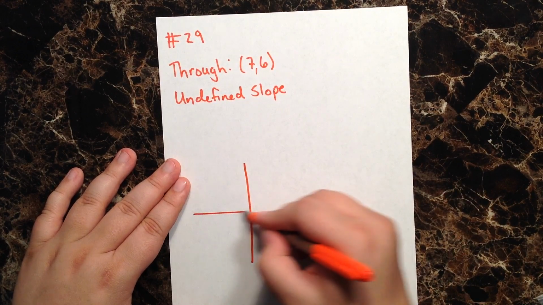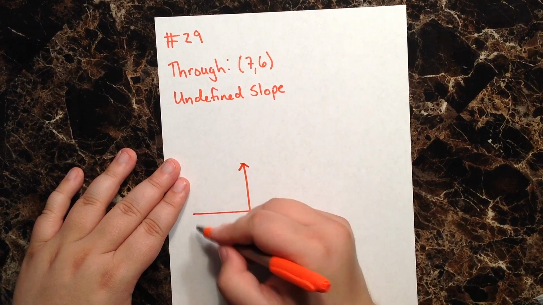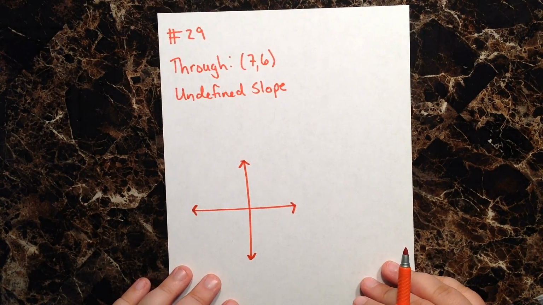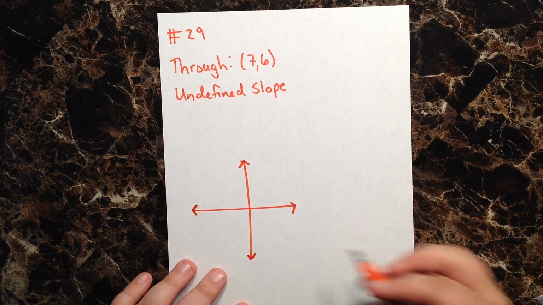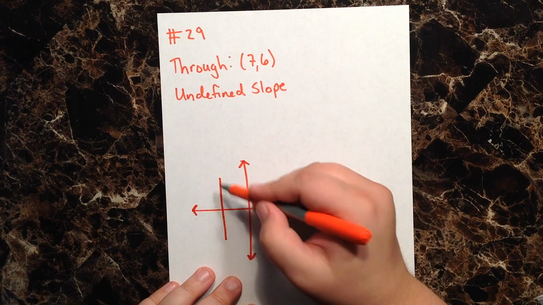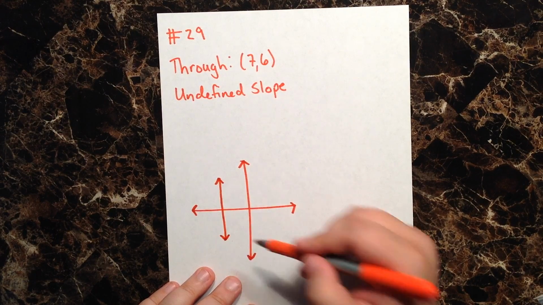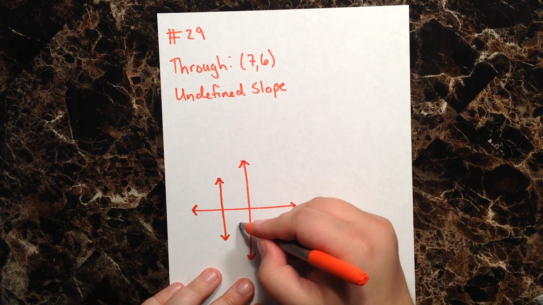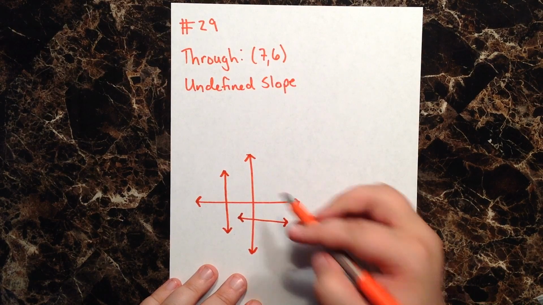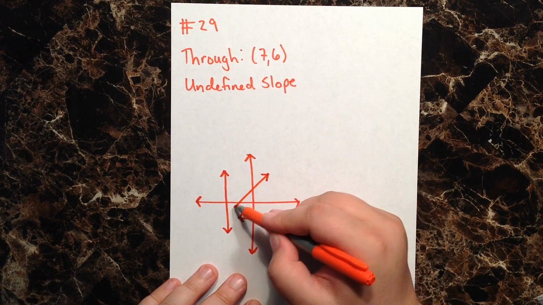If this is my graph, we have really three situations, right? We have lines that are either vertical, we have lines that are horizontal, or we have lines that are diagonal, right?